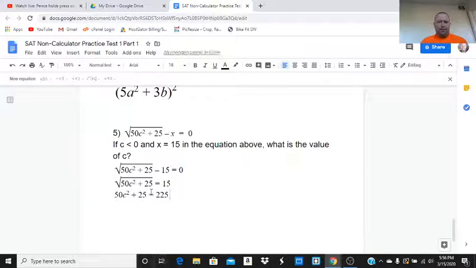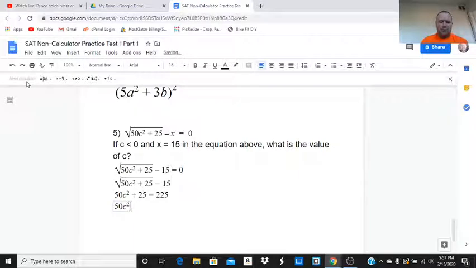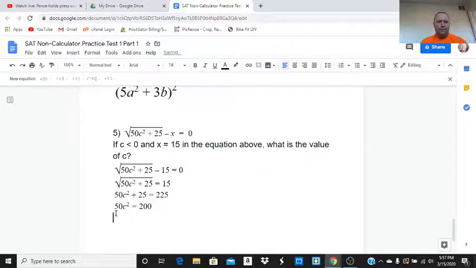Next thing we want to do, we want to get rid of the 25. So we're going to subtract 25 from both sides. So we're going to get 50c squared equals 200. Okay, we're almost there. We want to get c squared by itself, so we have to divide both sides by 50. So we're going to get c squared equals 4.